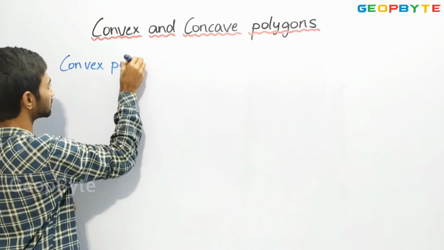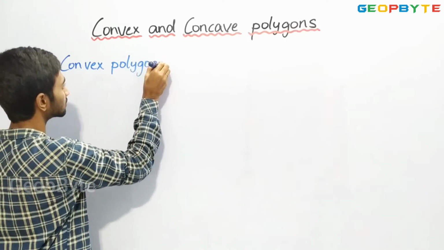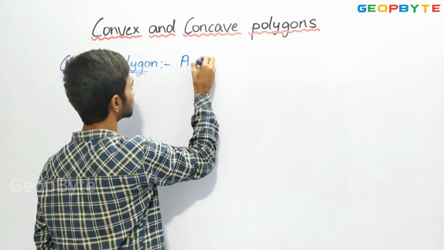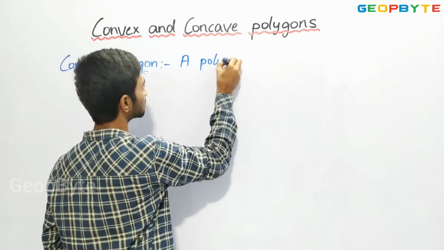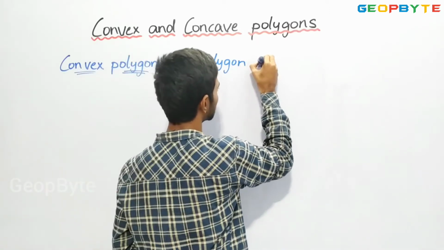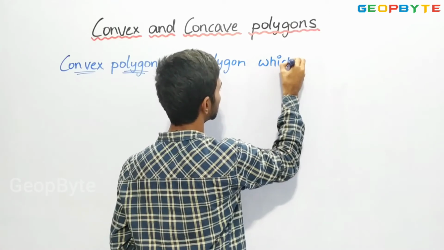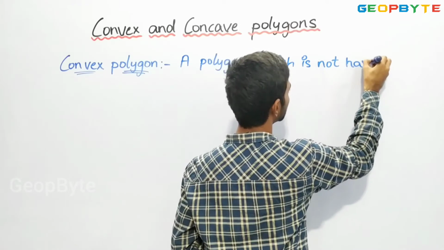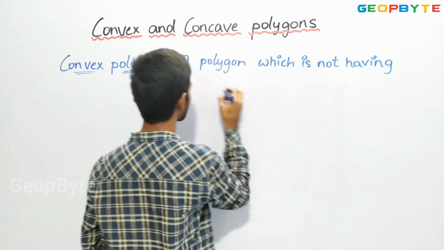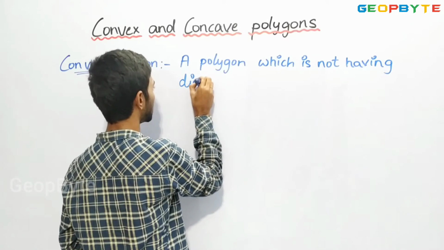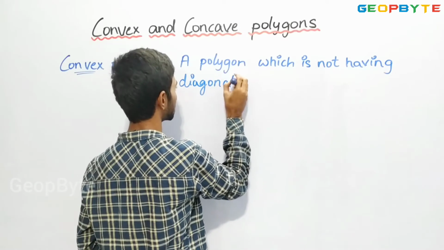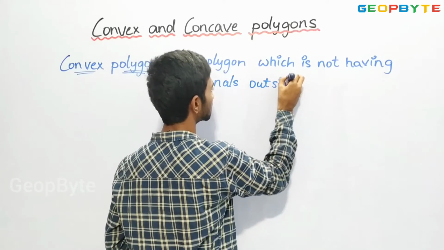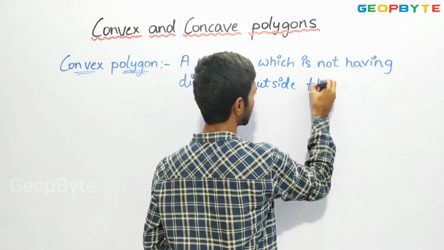Convex polygon: a polygon which is not having diagonals outside the polygon.